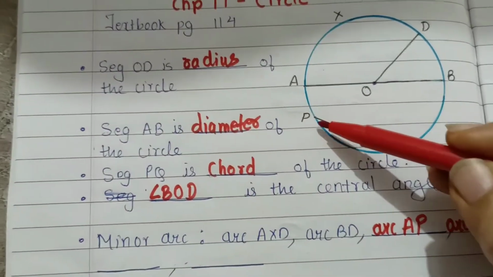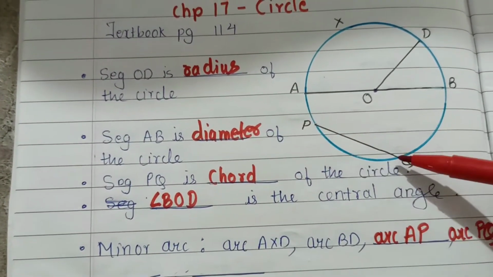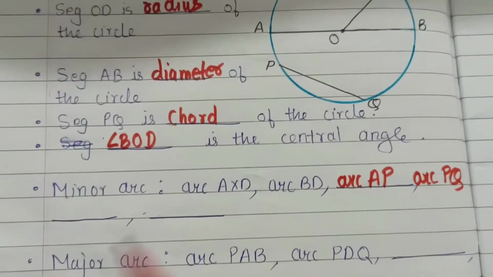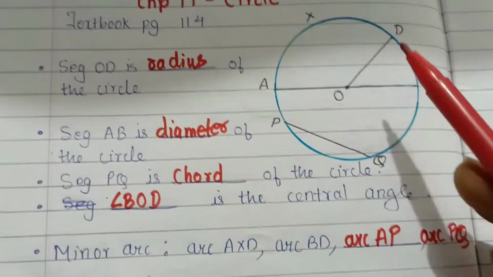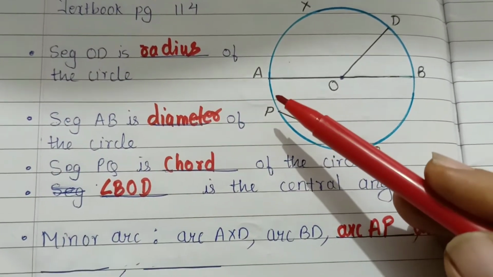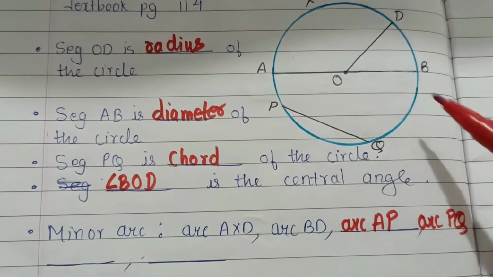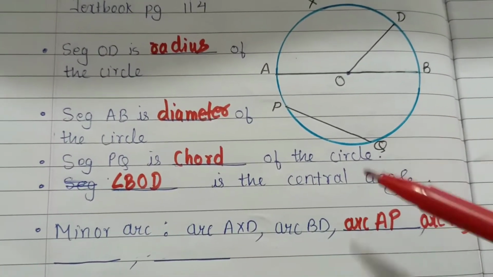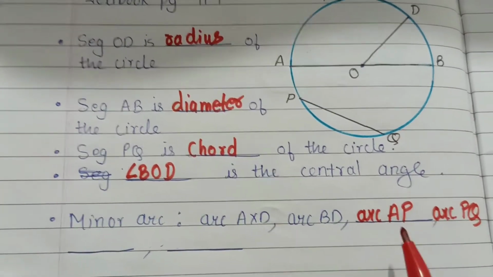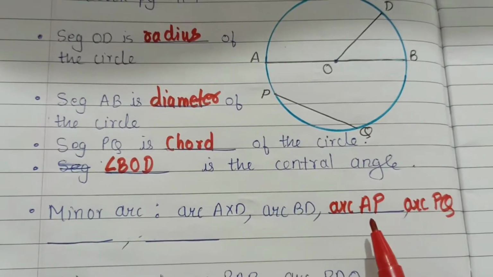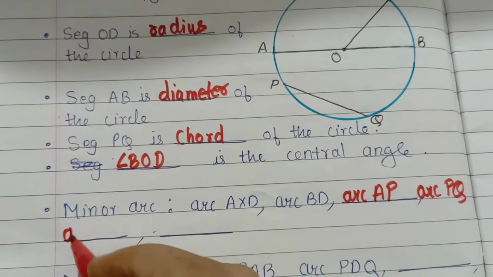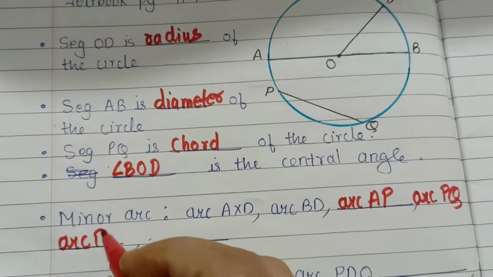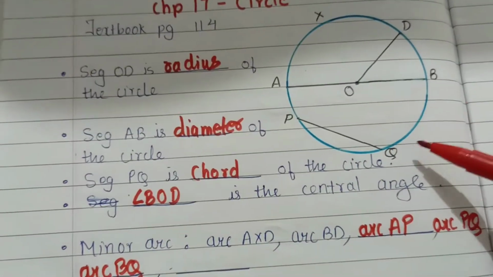As you can see, this arc is the minor arc. Arc simply means part of a circle. So any part of the circle which is minor is referred to as an arc. So far we have written two, that is arc AP and arc PQ. We can write arc BQ as well.